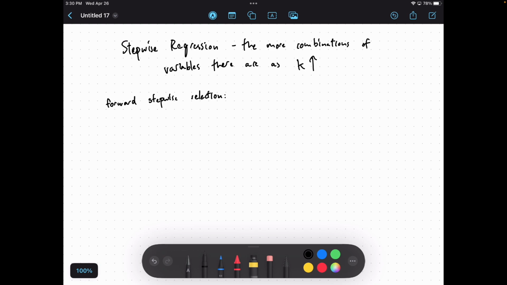So if things are not clear or not straightforward, definitely let me know and I'll try to clarify. Let's say we have an example where we have y, x1, x2, x3. Actually, let's just do these three. So let me walk through the procedure first, and then we'll do a manual example.